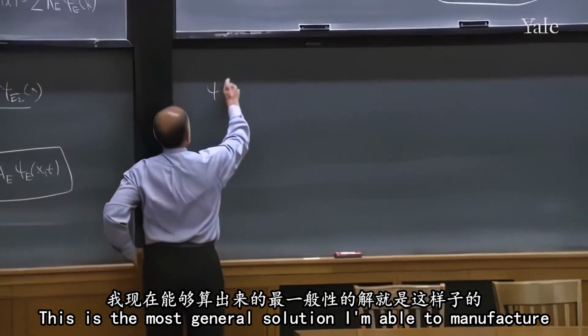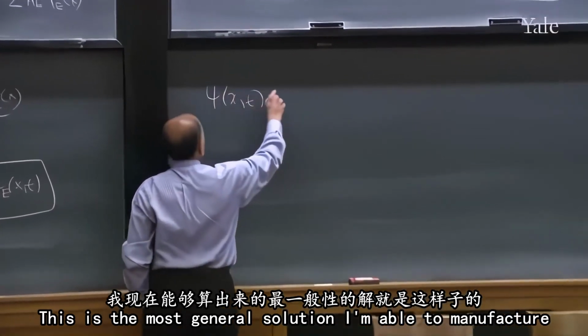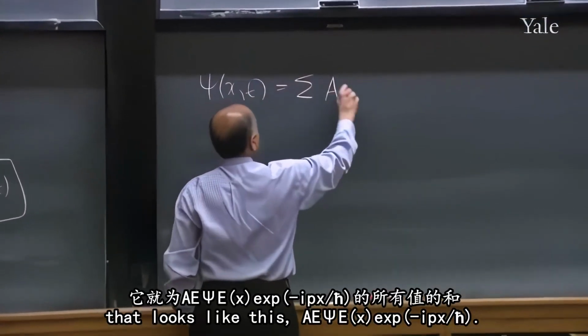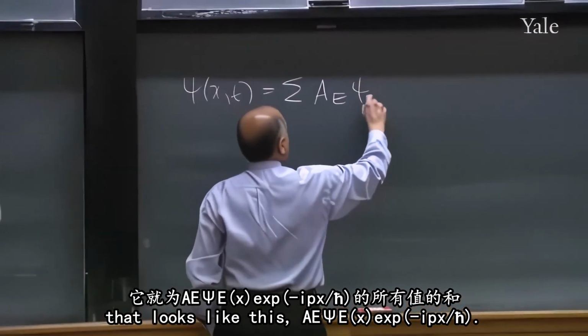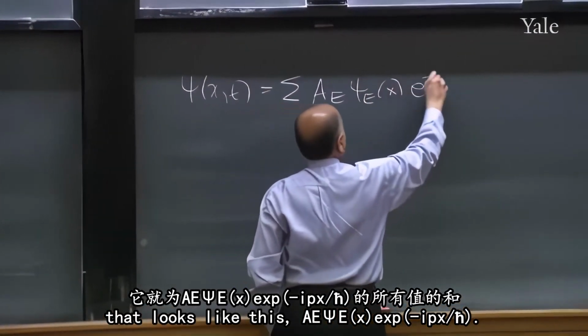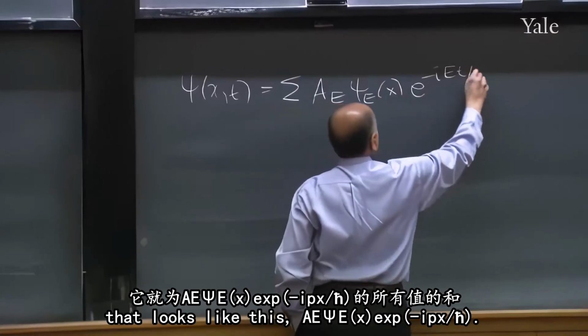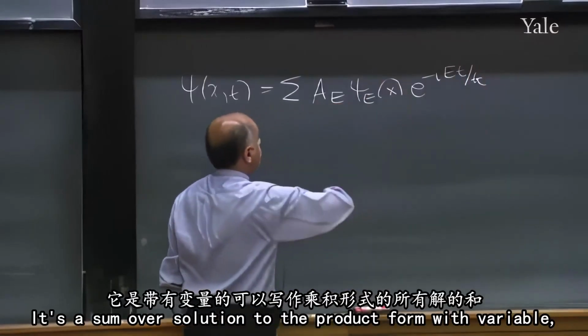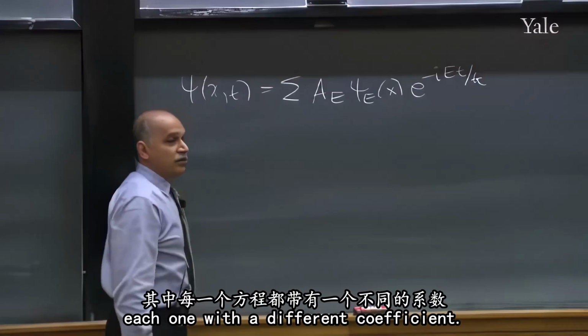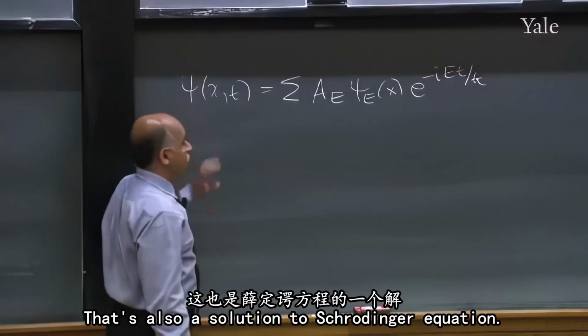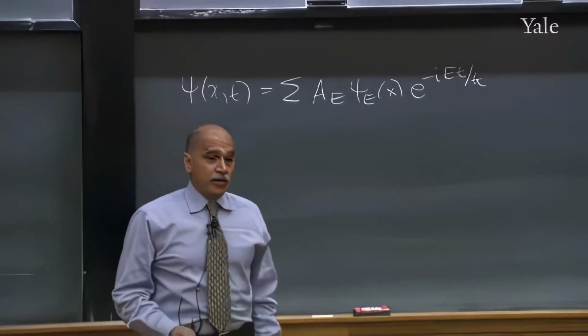This is the most general solution I am able to manufacture. It looks like this: a sub e, psi sub e of x, e to the minus i e t over h bar. It's a sum over solutions of the product form, each one with a different coefficient. That's also a solution to the Schrodinger equation.